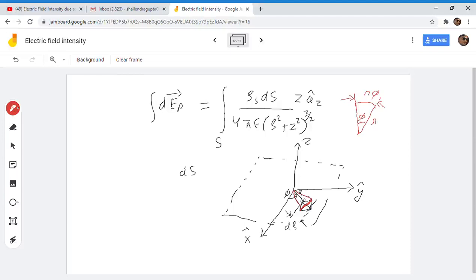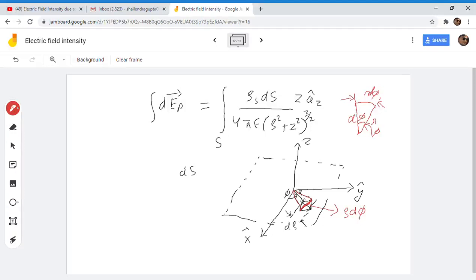It has been displaced in phi angle by a small angle d phi, and the radius is rho. So this arc is rho d phi. Up to here it is phi, and here it is d phi. So this will be d phi into r.